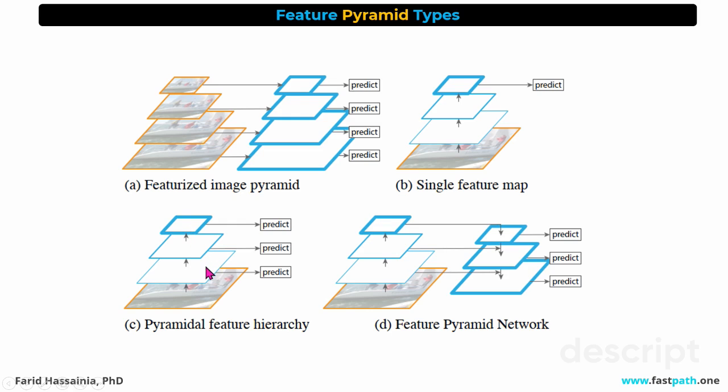So this method turns out to be a lot better than the previous one, but still we can see that in our feature map, the flow of information or features goes from the bottom to the top. So the last layer is taking advantage of all the layers beneath it. But the opposite is not true, because the intermediate layers don't have any idea about the feature maps that are above them. So to overcome that, FPN was created.